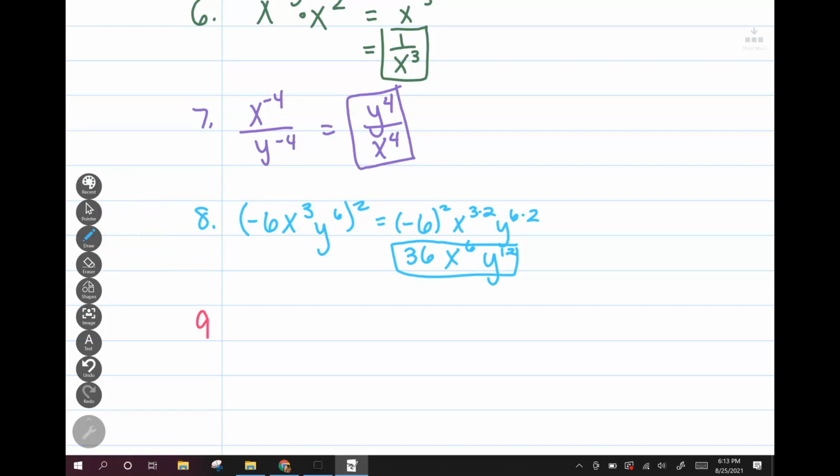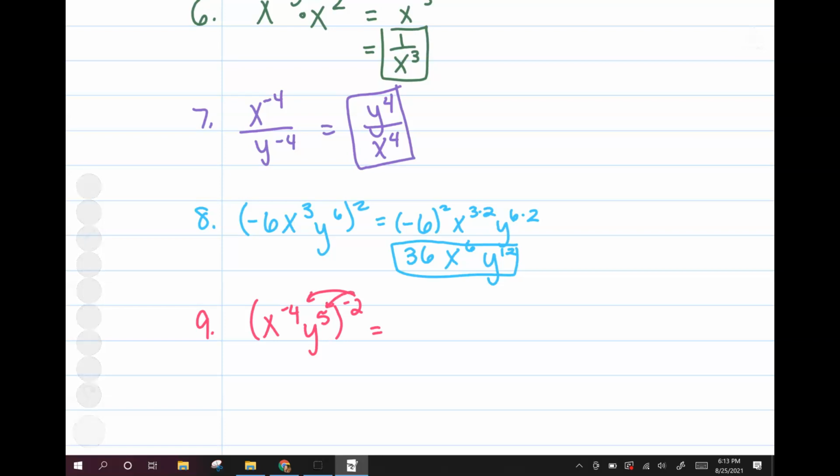Number 9. Okay, you've got a couple of options here. I'll show you how I would do it, but as long as you get the same answer, you are correct. So I would distribute this exponent here.